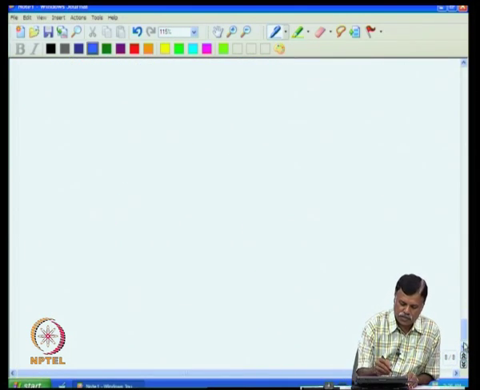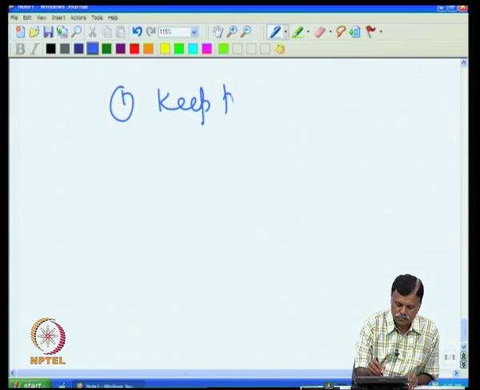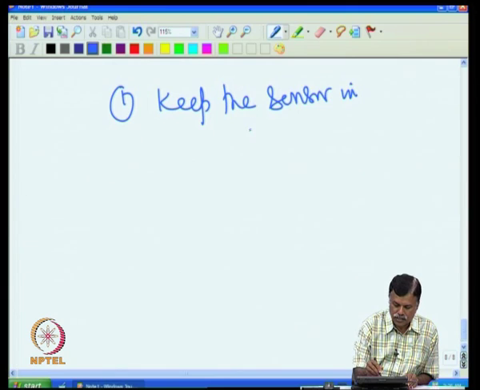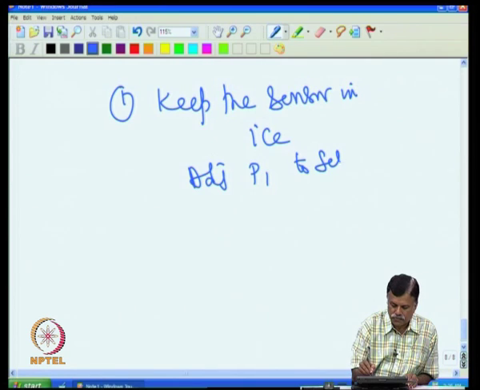So, essentially the calibration steps would be: keep the sensor in ice. Adjust P1 to get V0 equal to 0.